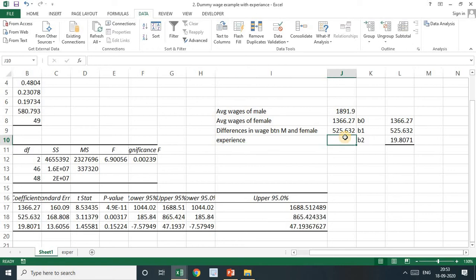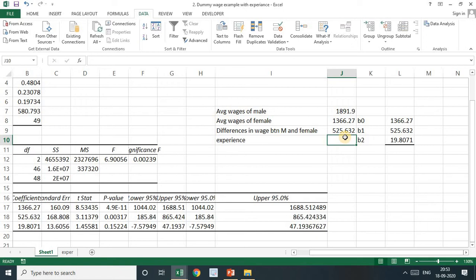So for both male and female, every year they get an average incremental rate of around 20 rupees per annum, irrespective of gender.